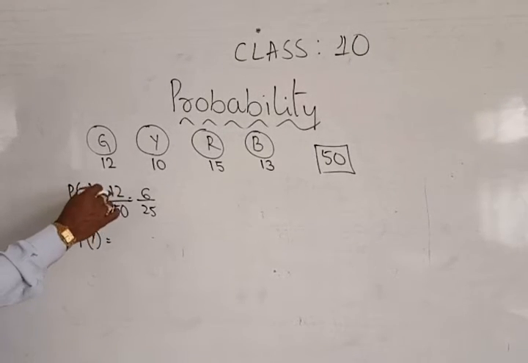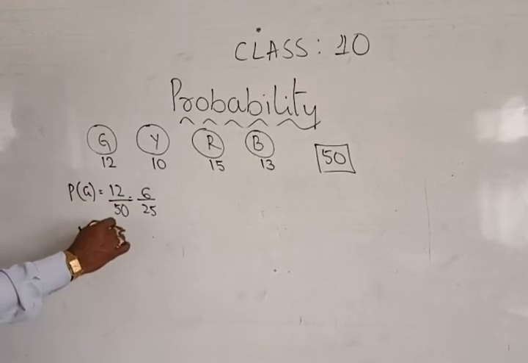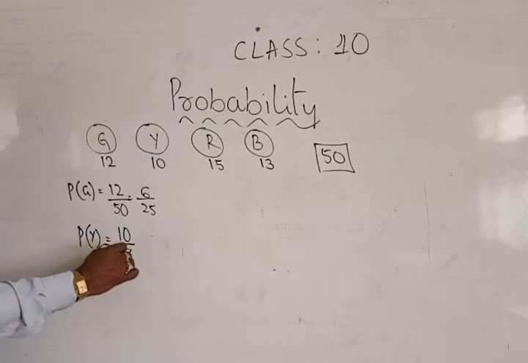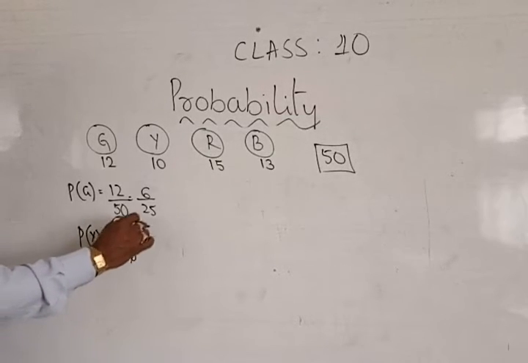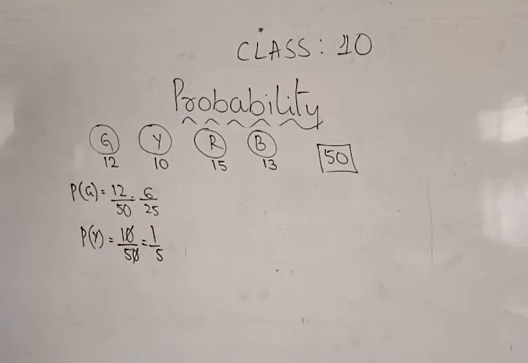How much is there? Yellow, 10 out of 50. 0, 0 cancel, 1 by 5.